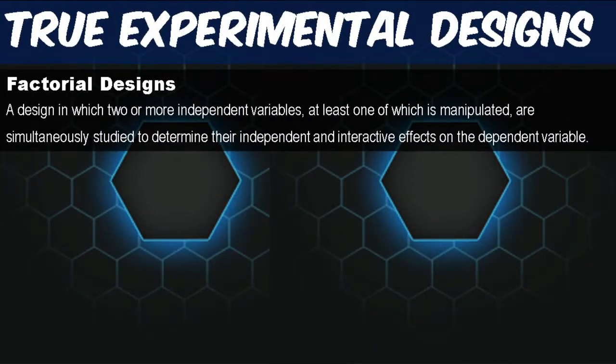The third experimental designs are called factorial designs, and although this is applicable to social sciences, to social researches, this is more popular in the fields of agriculture and technical researches. What are factorial designs?